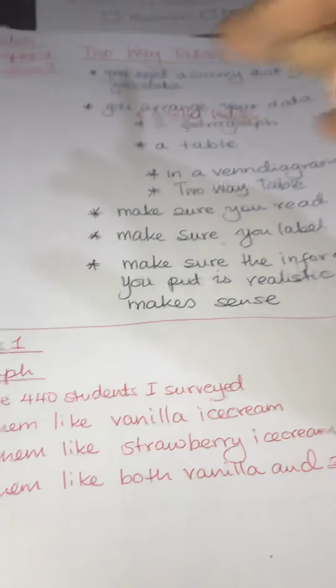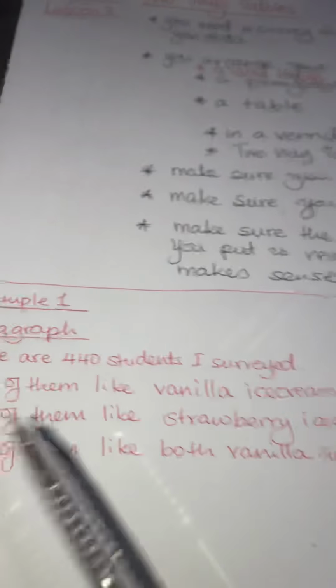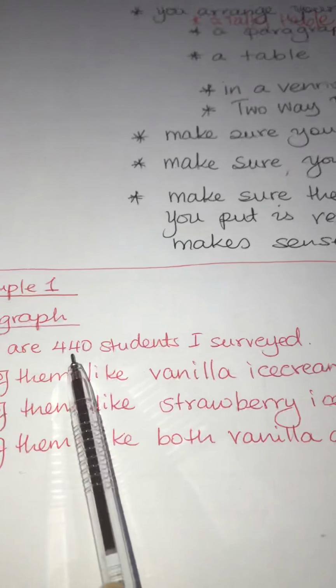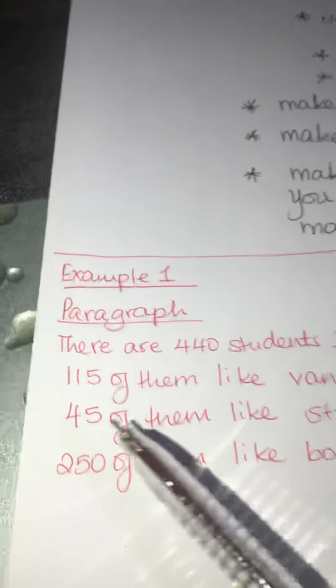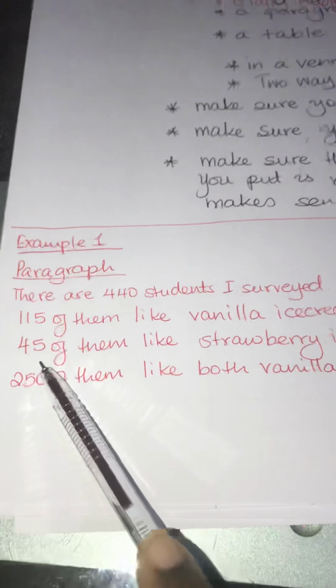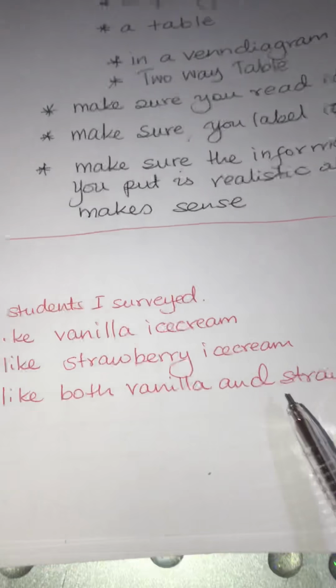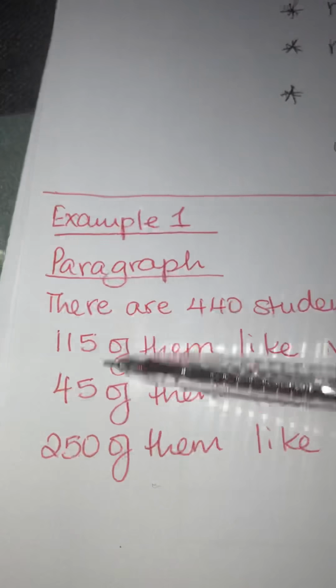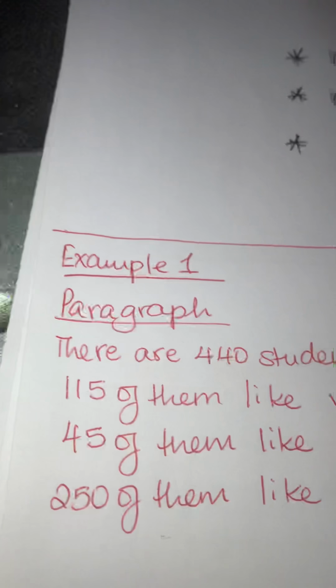Now, from my survey, I surveyed, and this is the information I found. I surveyed 440 students. I found that 115 of them like vanilla, 45 of them like strawberry, 250 of them like both. Now, I need to make sure that these three numbers make 440.